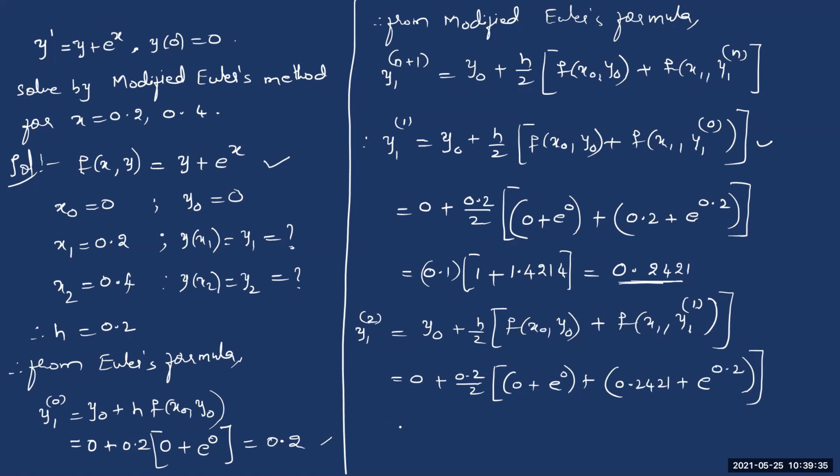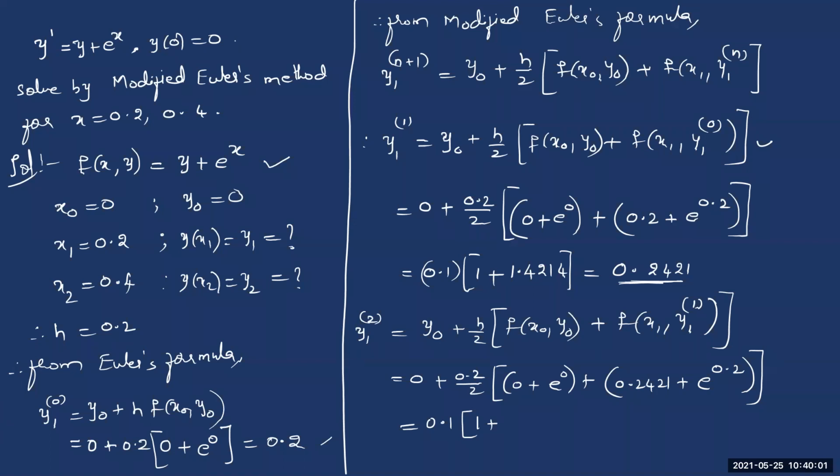Let us now simplify this. I'm just using my calculator again. This is anyway 0, not writing 0.2 by 2, it is 0.1 multiplied by e power 0 which is 1, plus, let us see how much we'll get here. Shift e to the power of 0.2 plus 0.2421.